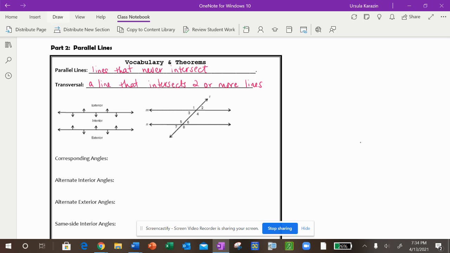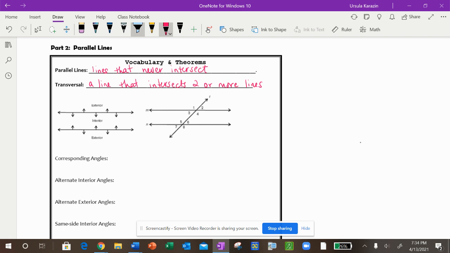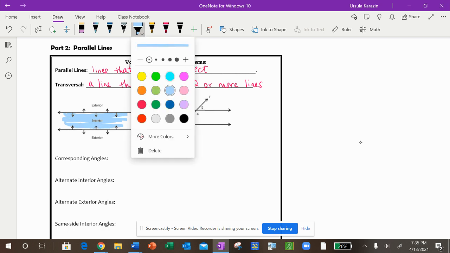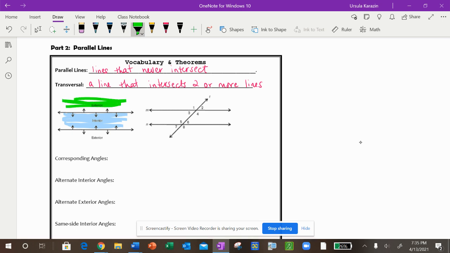So when we look at two parallel lines, there is a space in between them that we call the interior, and then there is space outside of them, which would be the exterior. Okay, so first you need to understand that.